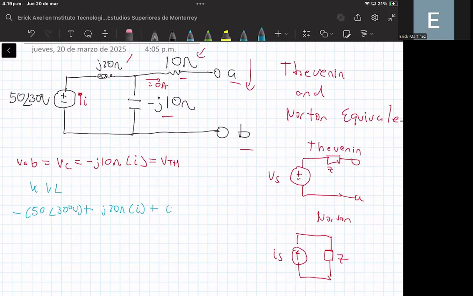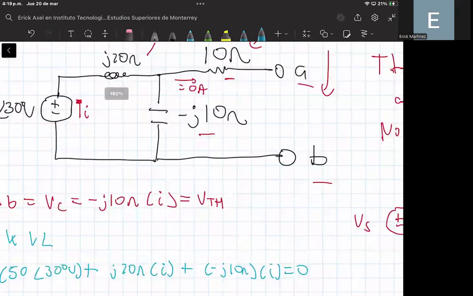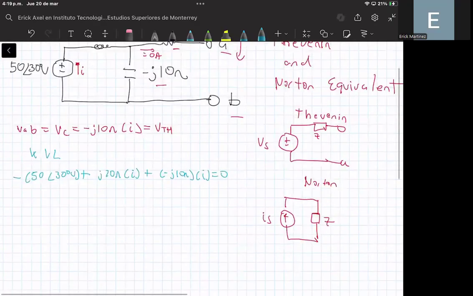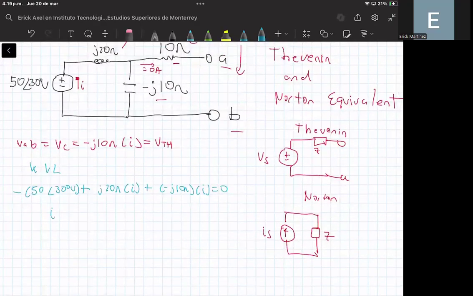That is minus J 10 ohms, okay? And this is multiplied by the current I. And this should be equal to 0 because we're applying the Kirchhoff voltage law to this particular loop, okay? So we can compute the current. The current should be equal to 5 with an angle of minus 60 degrees amperes.